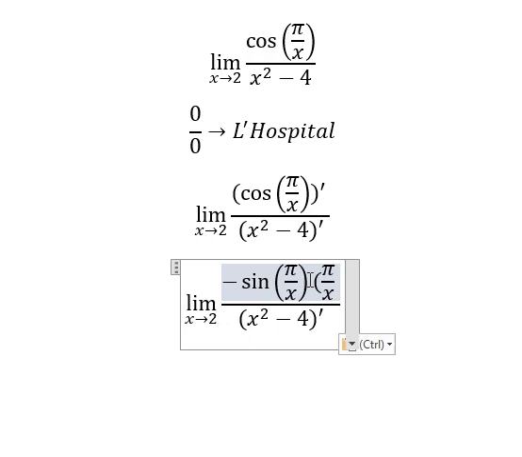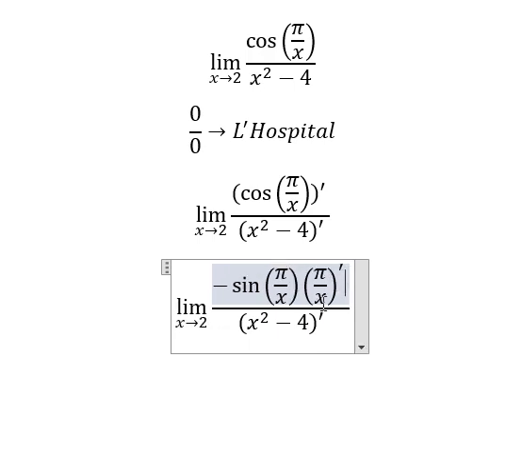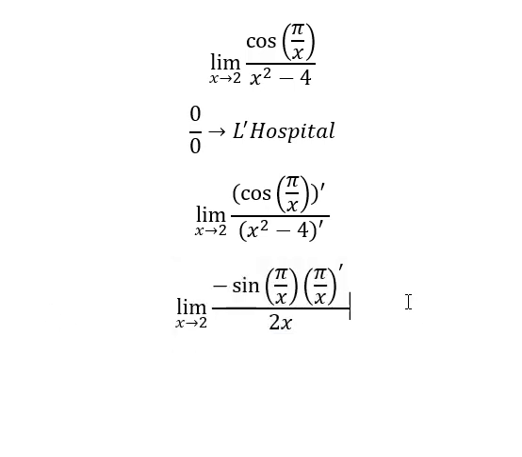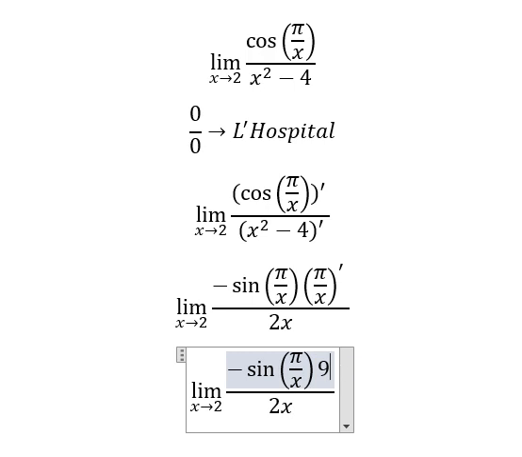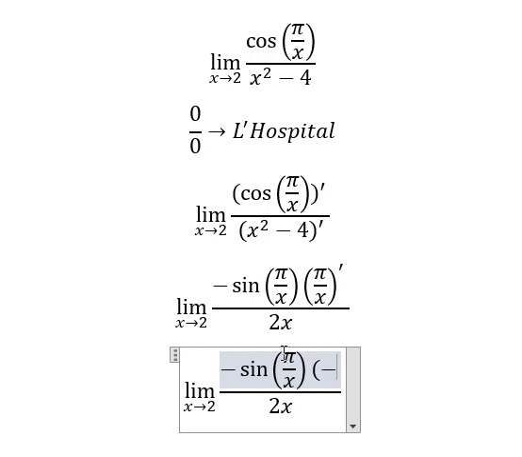Then we need to take the first derivative of this one. This one, that is 2s in here. So this one we have negative b over s squared.